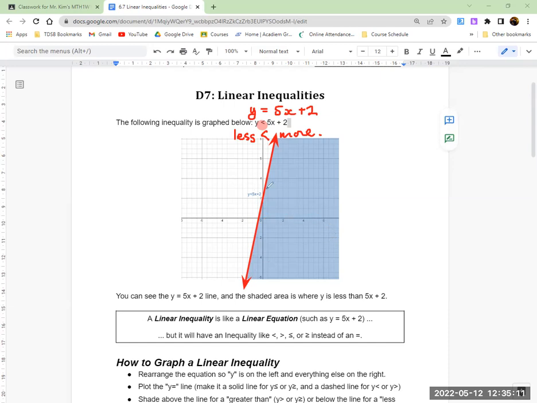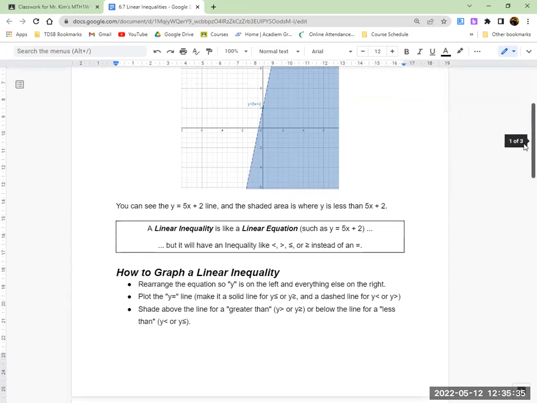Long story short, once you figure out where the line is, figure out if we are interested in the area underneath the line or the area above the line. End of lesson. How do we approach this in a mathematical problem sense?